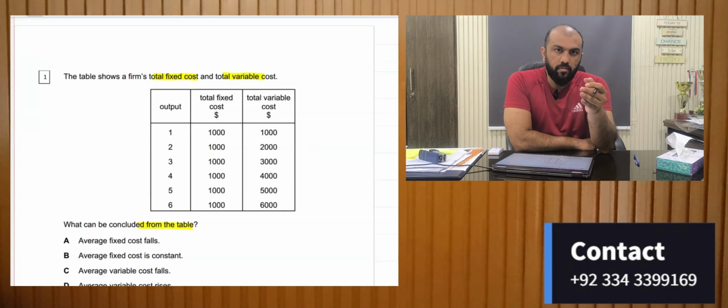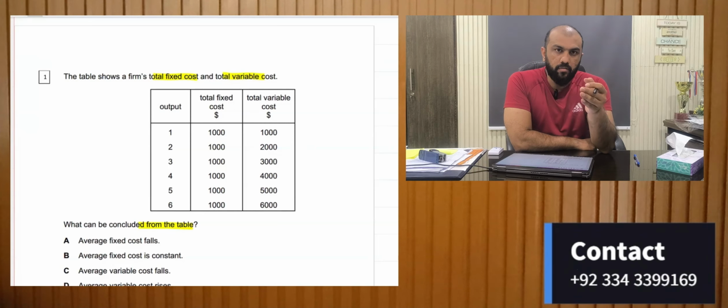A firm at its current level of production finds that its short-run marginal cost is less than the short-run average variable cost. In order to solve this MCQ, we need to make the graph first. Right, let's make it. This is my marginal cost, and this is my average variable cost.